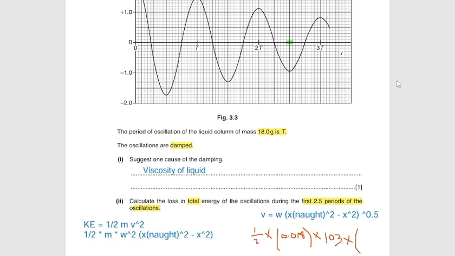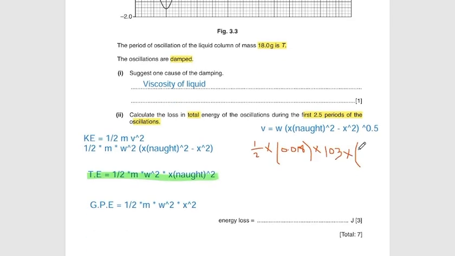So for x naught square, it's final minus initial, right? So final was 0.95 square. You can either find them separately or you can do the way I am doing.